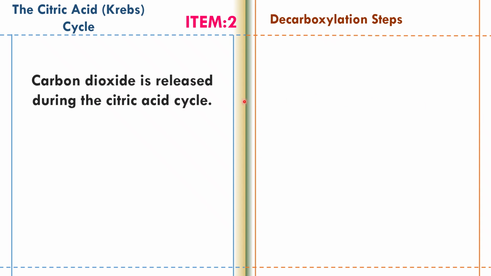The citric acid Krebs cycle, item 2. Let's now focus on decarboxylation steps. Carbon dioxide is released during the citric acid cycle.